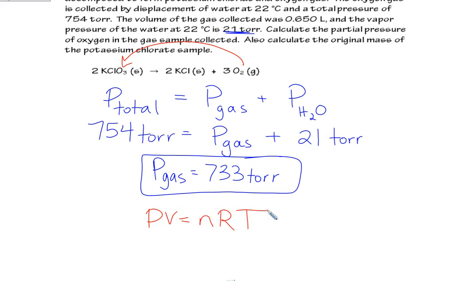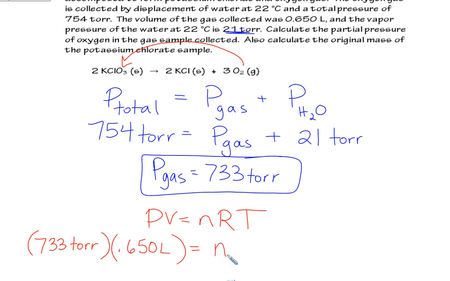The pressure of the oxygen gas alone is 733 torr. Don't forget that. If we're calculating moles of oxygen, it needs to be just the partial pressure of the oxygen. The volume was 0.650 liters. We'll just measure that in the lab. We're going to solve for n, moles.